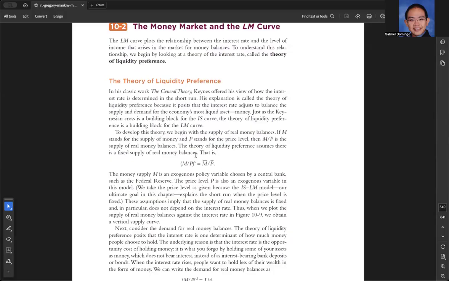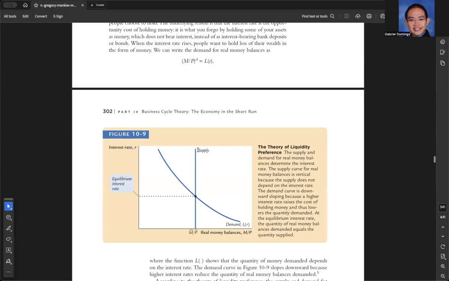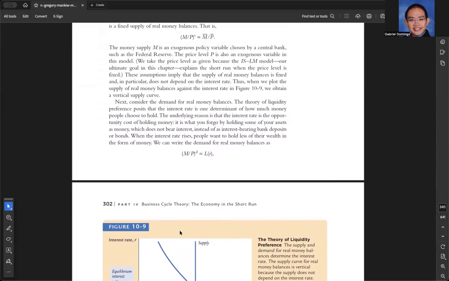Therefore, on the graph, the supply is a vertical line, touching the x-axis, which is real money balances, at its exogenous value, M bar over P bar. That is the supply of money balances, an exogenous variable controlled by the central bank through what's called monetary policy.